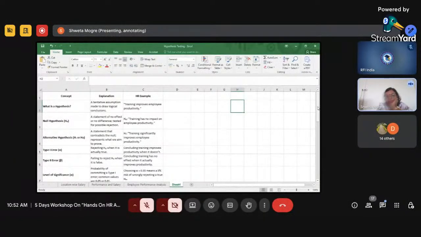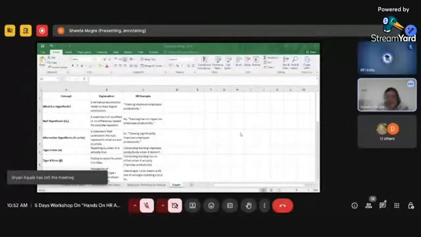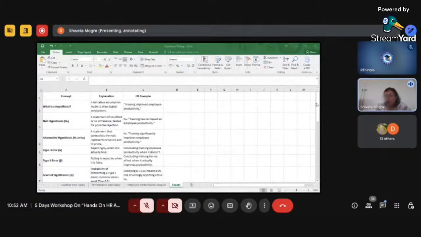I hope my screen is visible. Yes, ma'am. So in hypothesis testing, I have created one sheet that would be helpful for you. Whatever theory is required, I have mentioned in short points over here.